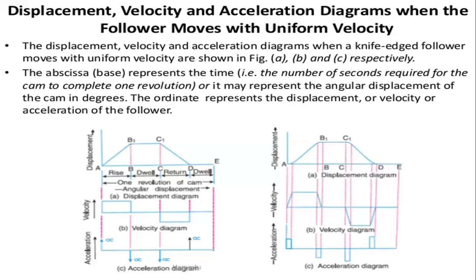Next is the length of the displacement diagram. This is the total length of the displacement diagram, which will be given in angle, that is 360 degrees. The cam rotates through an angle of 360 degrees, that is one full rotation. You have to draw this length to the angle.